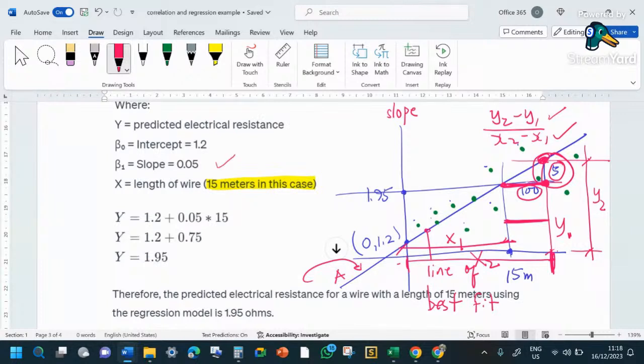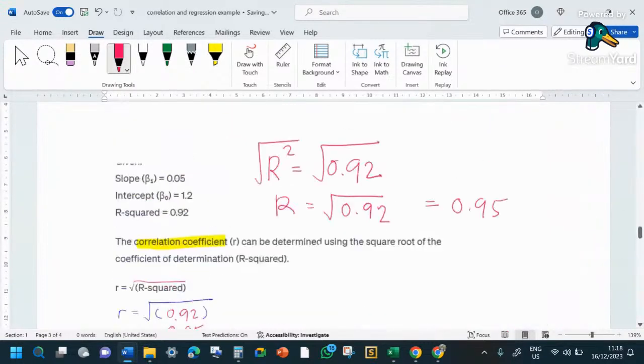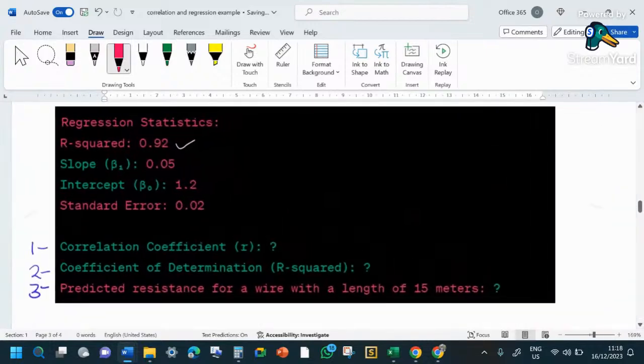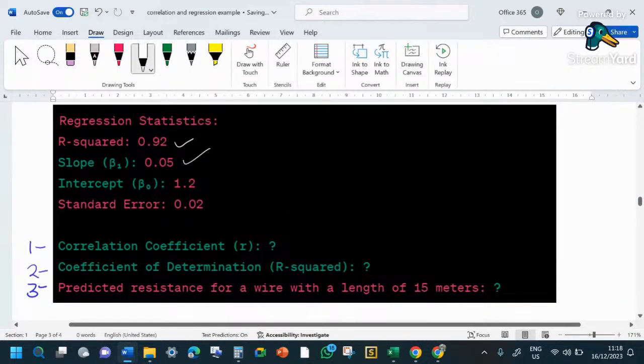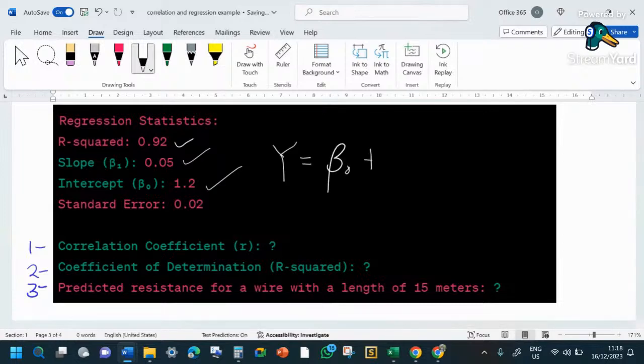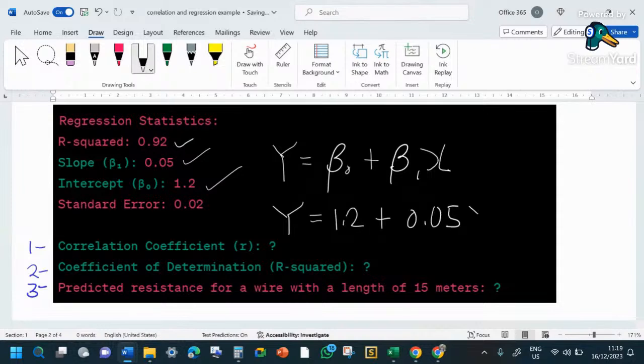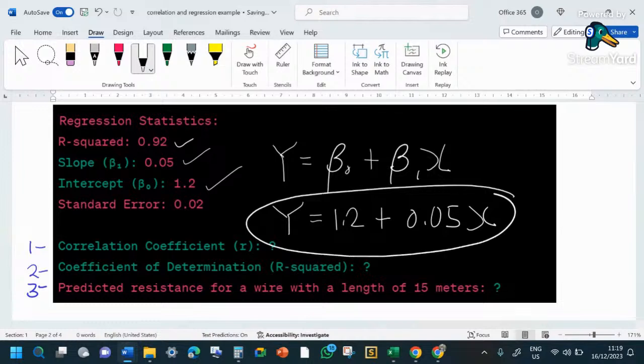Okay, so you have a slope of 0.05 and an intercept of 1.2. The slope is given, the intercept is given. So from the formula y is equal to beta 0 plus beta 1 times x, you have a working formula which is y equal to 1.2 plus 0.05x. This is the one that you're going to use to predict any y for a value x.